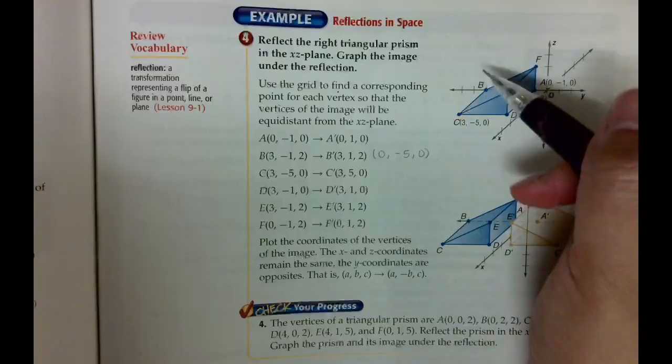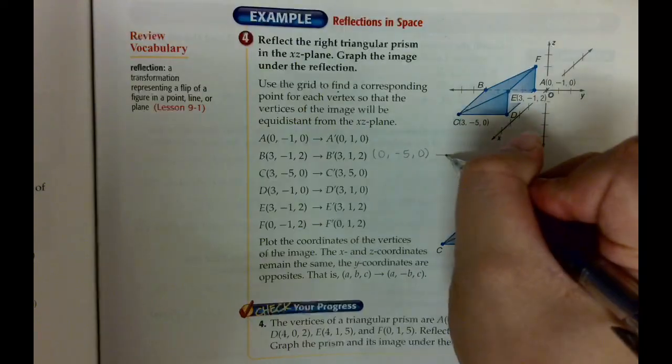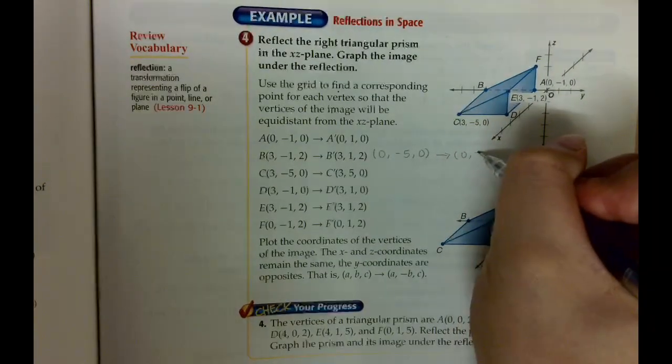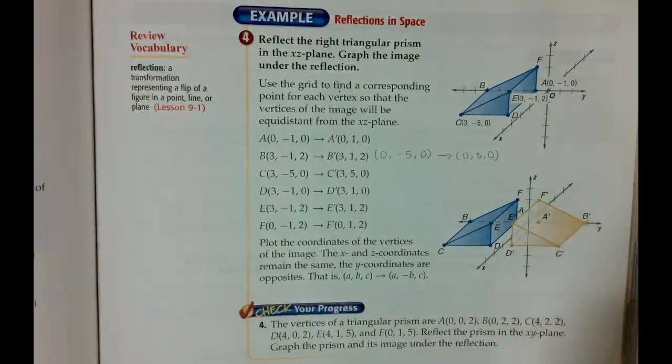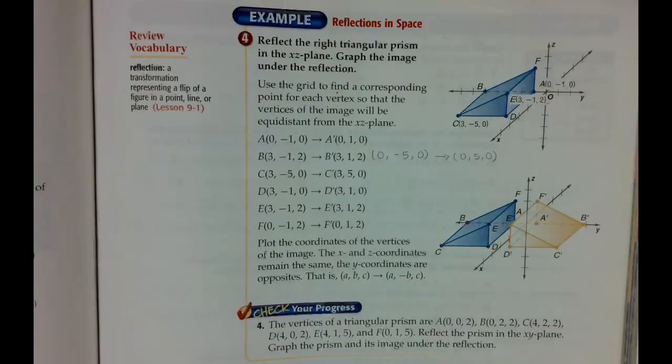And it's not upwards, right? It's only on the y-axis that it moves. So B should be 0, -5, 0. And then it becomes 0, 5, 0. Right? So that was their mistake here. Okay. Because there's no way that B and E are the same ordered pair.